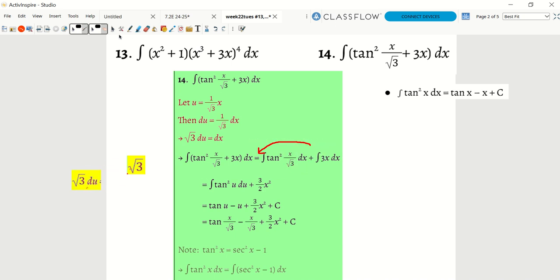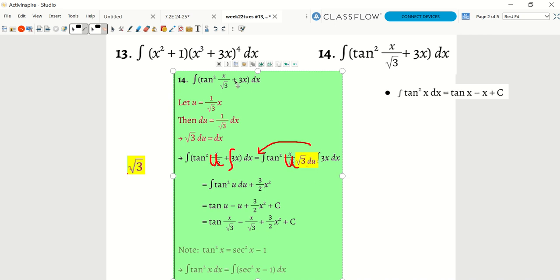First of all, they separated this out using the addition subtraction principle of integrals. Anywhere you see this, we put a U. So this becomes U, that becomes U. Anywhere we see a dx, we're going to put a √3 du, right there.